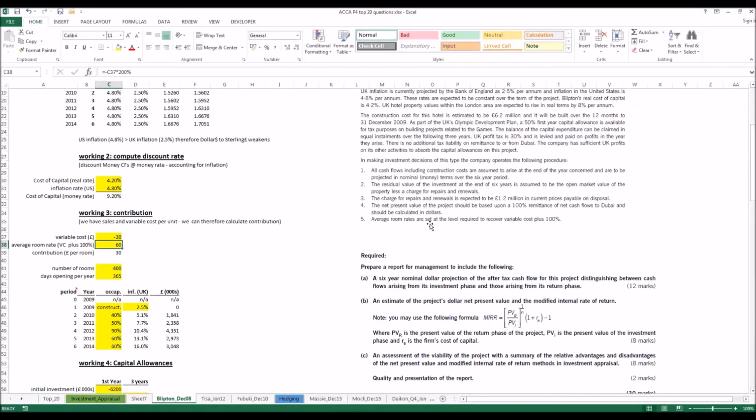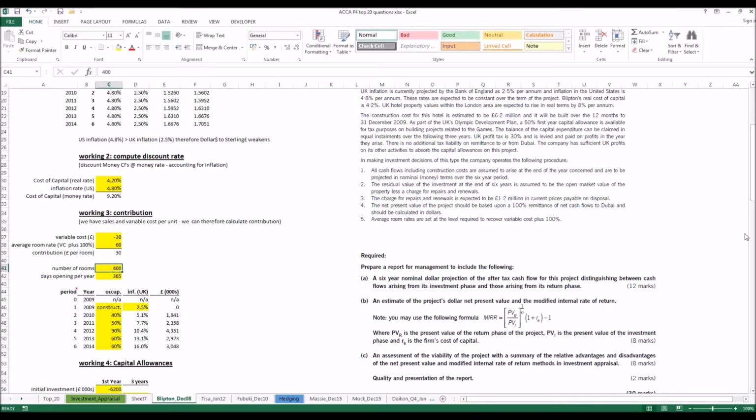We are then told that average room rates are set to the level required to recover variable costs plus 100%. So £30 times 200%, or times 2 gives us £60. £60 take away £30 gives us £30, and that's the contribution. So much profit we're making on each room.